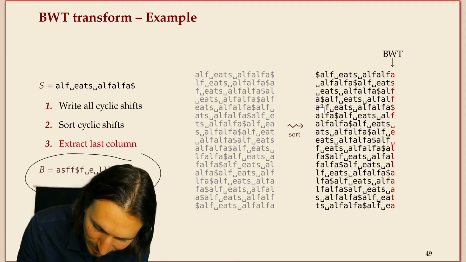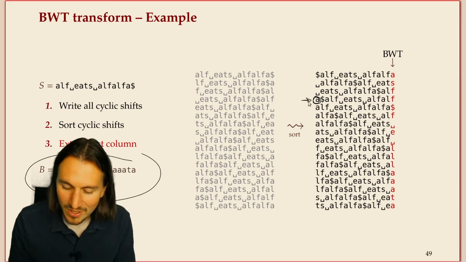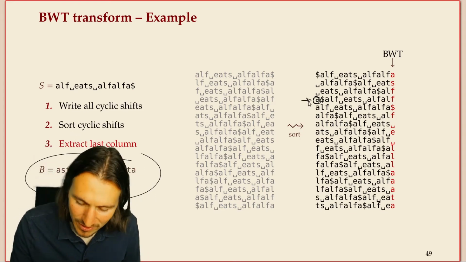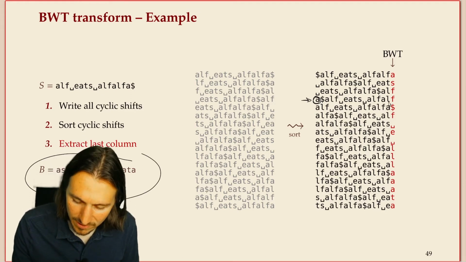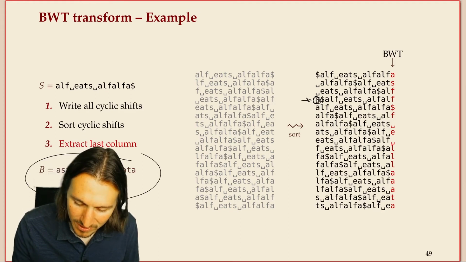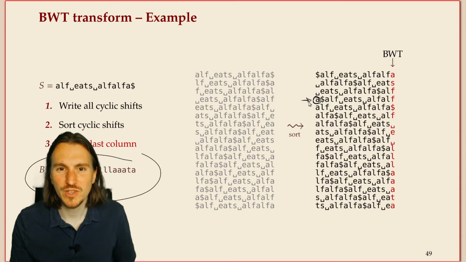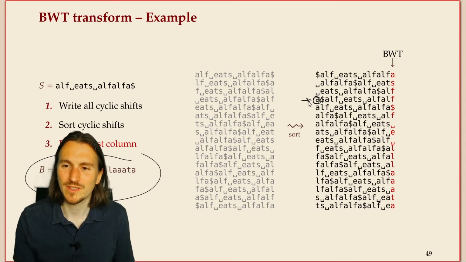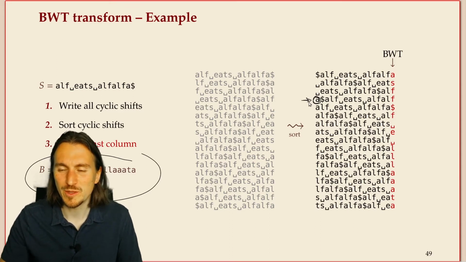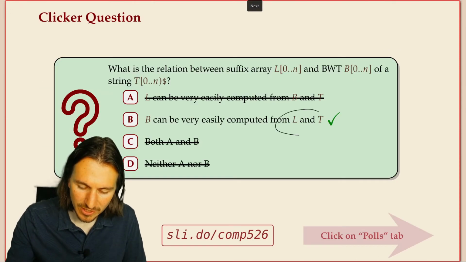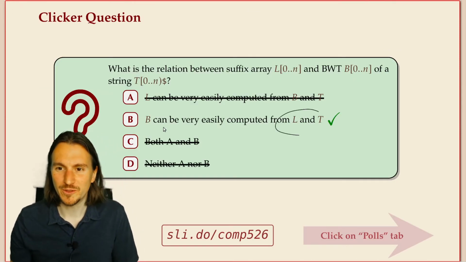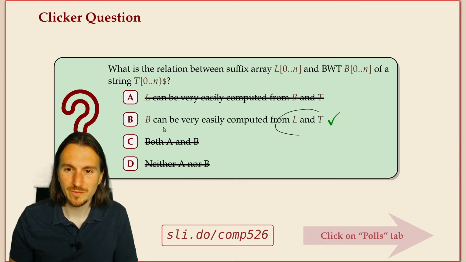Let's not use this example, that's degenerate. But this one, this is the suffix that starts at the second to last character. So what's the last character in this column here? That's whatever is preceding this. So if you just take i-1 and access the text character at that position, you get the BWT. So it's easy to compute the BWT from the suffix array and the text.